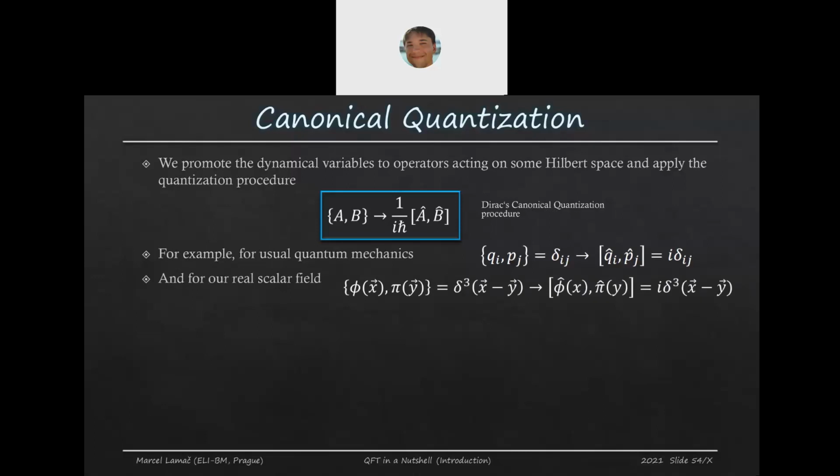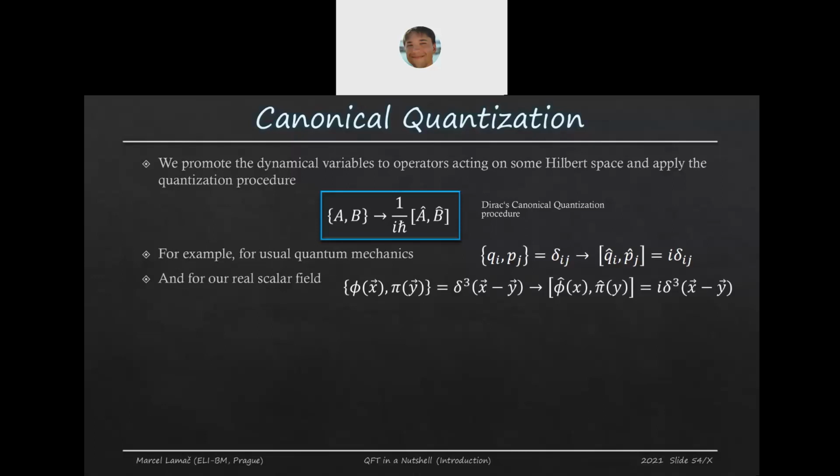Because if you write the Heisenberg uncertainty principle, for example, for the configuration coordinate x and the canonical momentum, then the inequality is given by the commutator of these two operators, and so this is somehow tied.